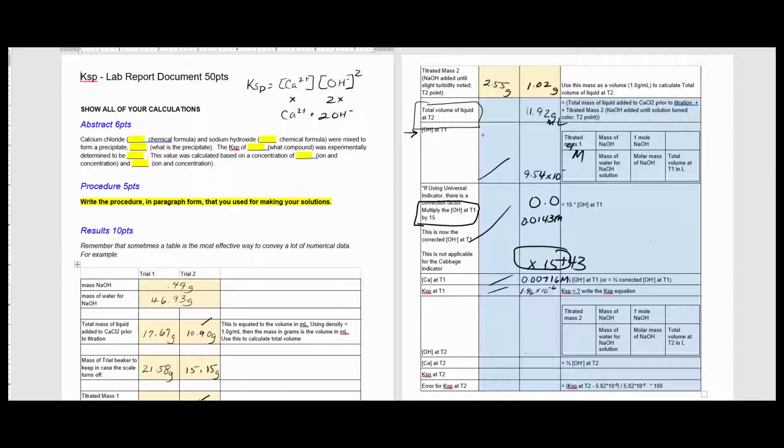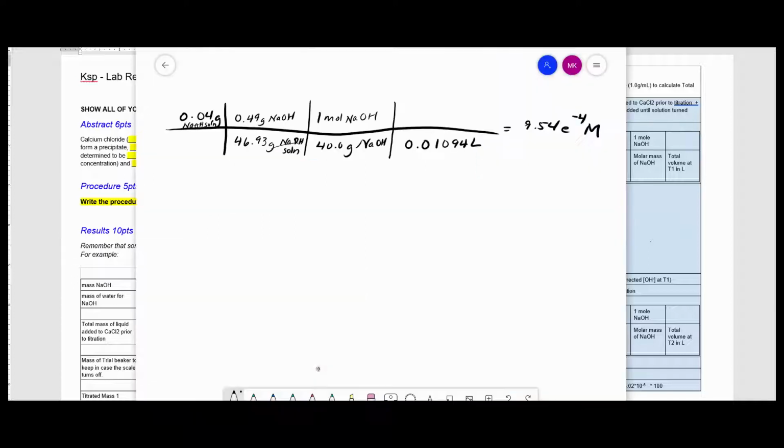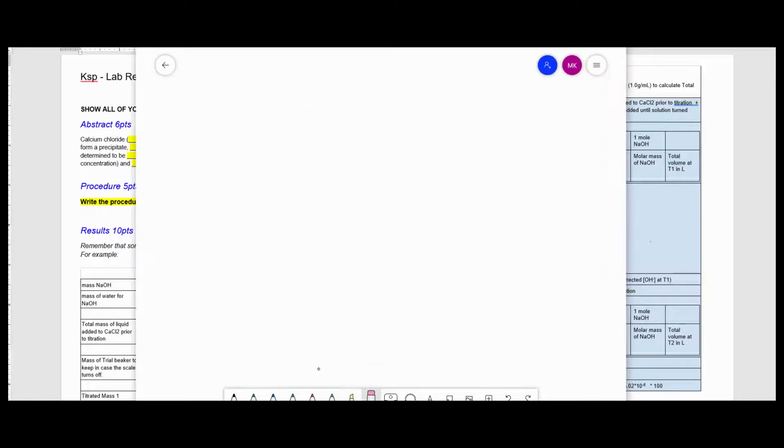Then to find the concentration of sodium hydroxide, I go through a very similar set of steps. This time I'm going to use 1.02 grams of sodium hydroxide solution, but I'm still going to use the same values. We have 40 grams of sodium hydroxide for 1 mole. I use the same values that I used before because I used the same sodium hydroxide solution, so this is 46.93 grams of solution.